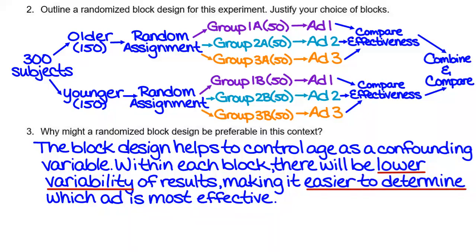What about if it was more like this and I have more than one on the same dot plot? If I had a group over here and a group right here and a group right here, because they're all clustered together tightly, it's going to be easier for me to make comparisons. So I want lower variability, not higher variability, because I want to see them all clustered. And doing this block design is going to reduce my variability.